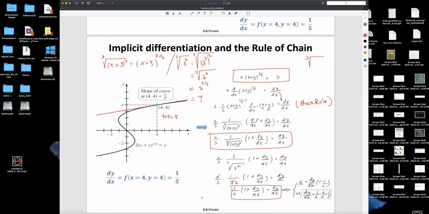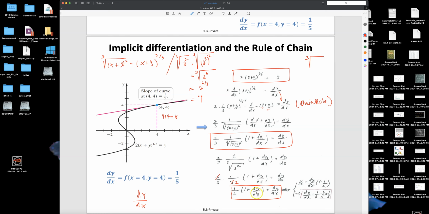Well, I'm going to solve that as a linear equation, for the derivative of y with respect to x. This is one of the like terms. I'm going to bring all together, and then I'm going to solve that.